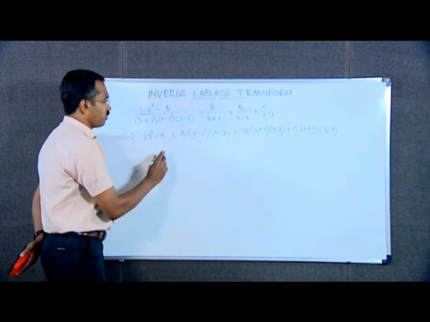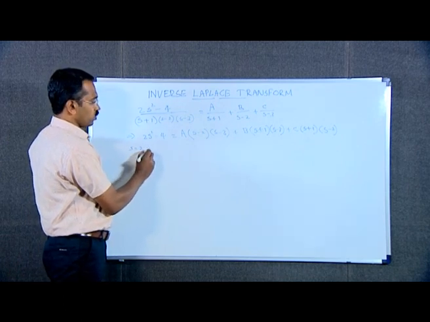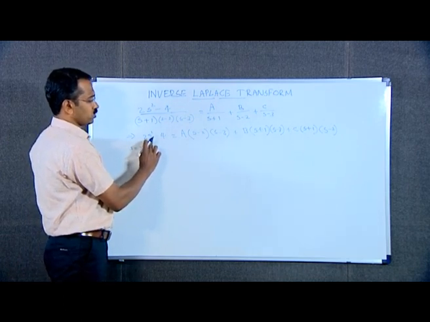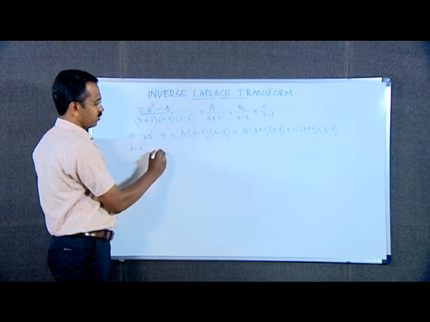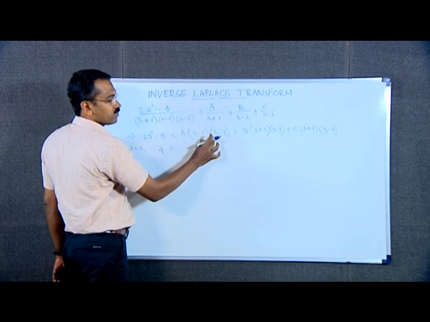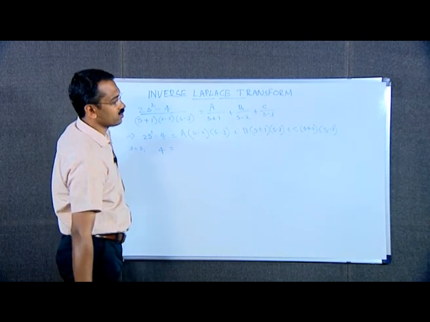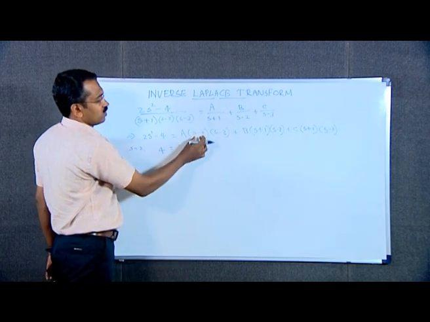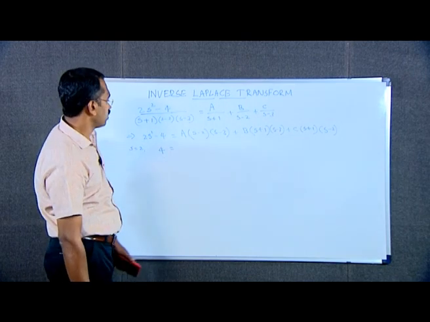Now put s is equal to 2. When s is equal to 2, we get 2 into 2 square, that is 2 into 4 is 8, 8 minus 4 is 4, which is equal to, here the first term and the third term will be 0 because there is a factor s minus 2 in both the terms.